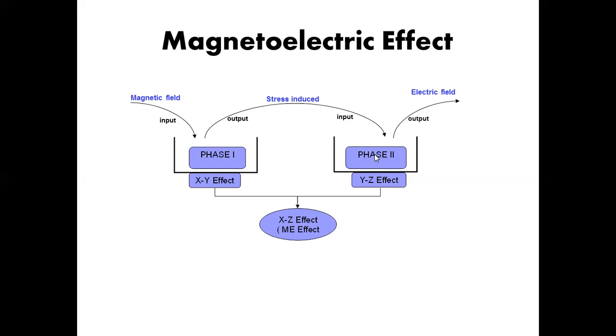So that is why a stress is induced on the phase two material. This induced stress becomes the input for the phase two material, and the stress developed is the output of this phase one material.